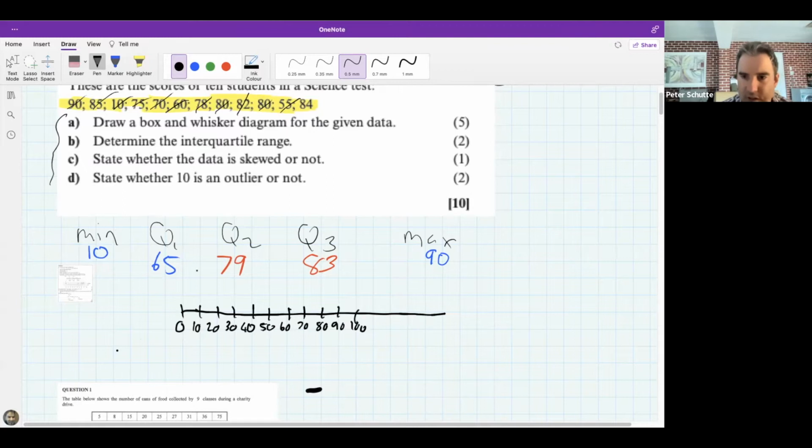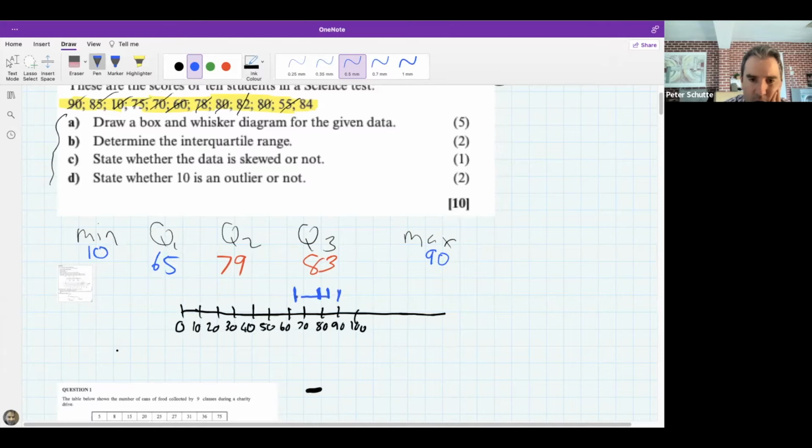What's my box and whisker going to look like? Okay, I'll keep those answers coming in. So 65 would be over here, so let's go like that. 79 would be about here. 83 would be about there. 90 would be there.